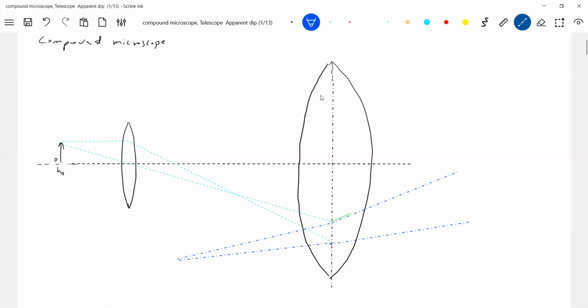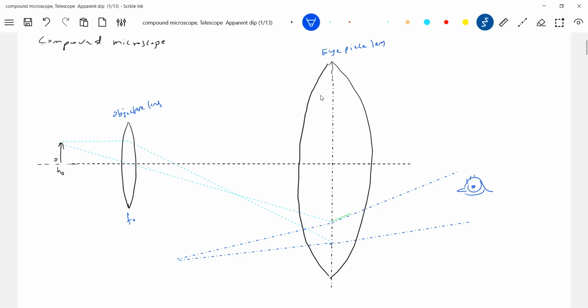Later on I'll bring a flower or any other object. So there's an objective lens, and this is called the eyepiece lens.